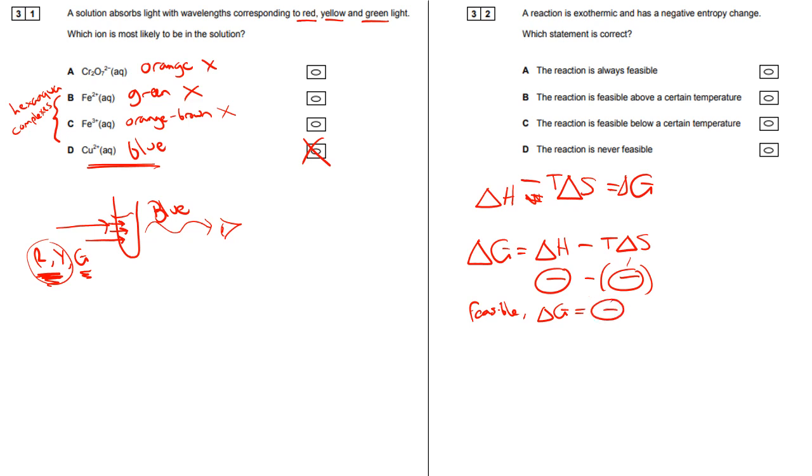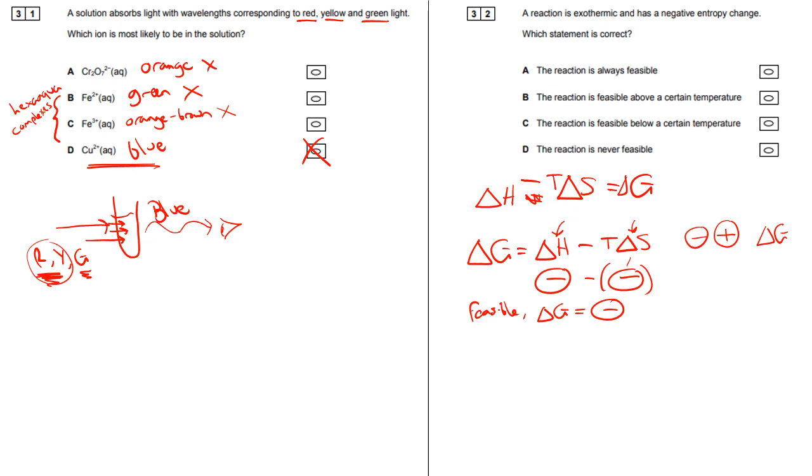So how do we make this reaction be feasible? Well, if you've got a minus and you're subtracting another minus, you've essentially got a minus and a plus there. So whether delta G is positive or negative depends on the magnitude of delta S and the magnitude of delta H.